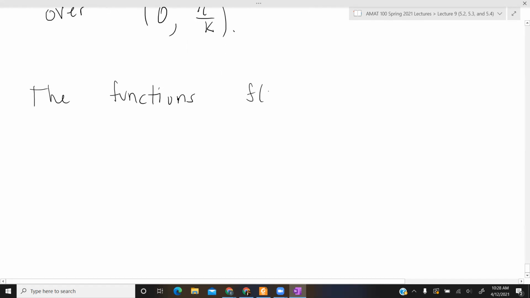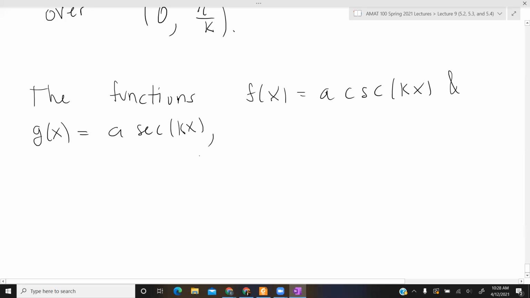If you have f of x equal to a cosecant of kx, and g of x equal to a secant of kx, and again, k is some positive number, the functions f of x and g of x have a period of 2 pi over k.